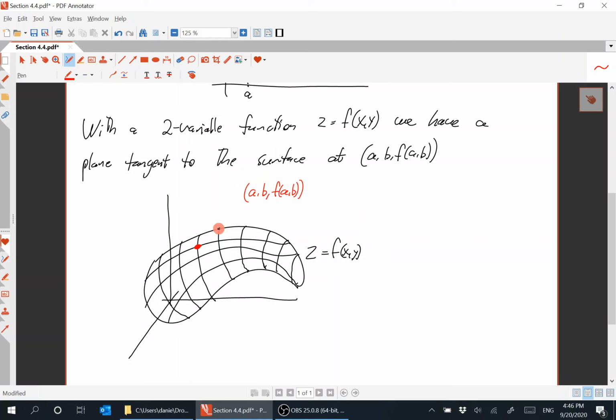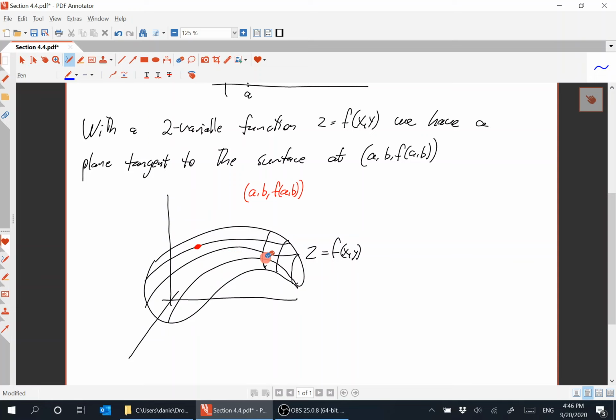And then, remember, we have two different derivatives. We've got the derivative in the x direction, that doesn't look quite right.